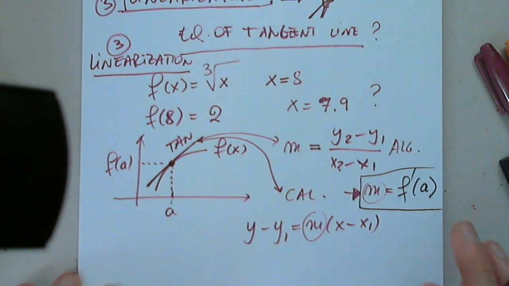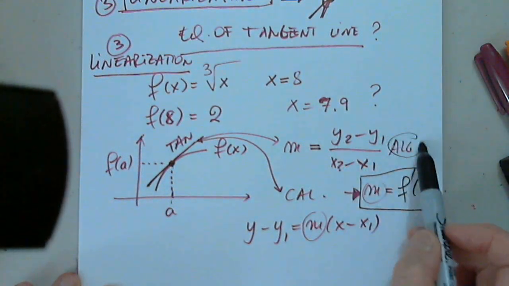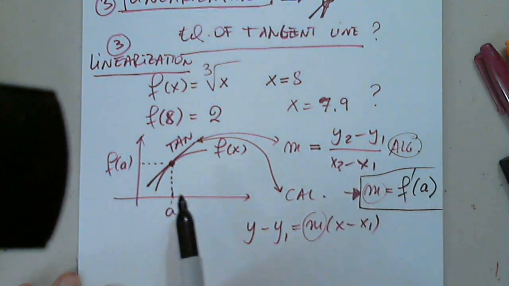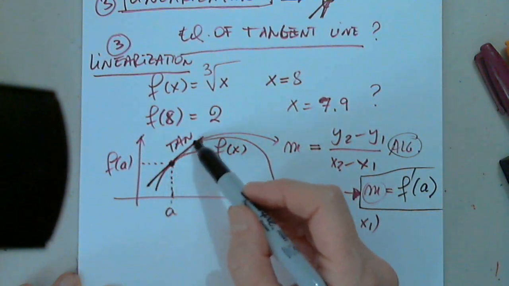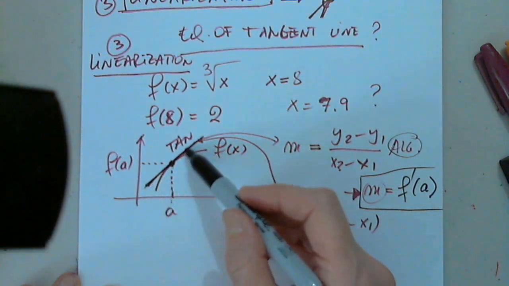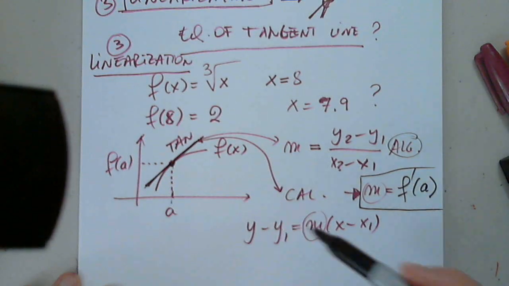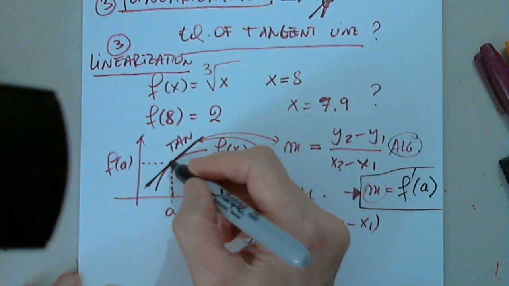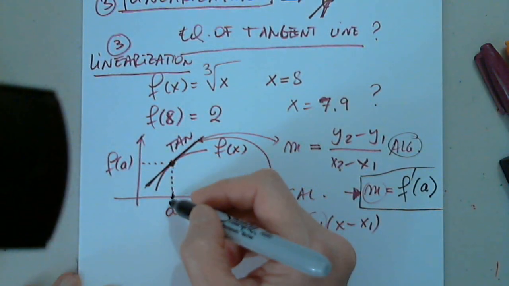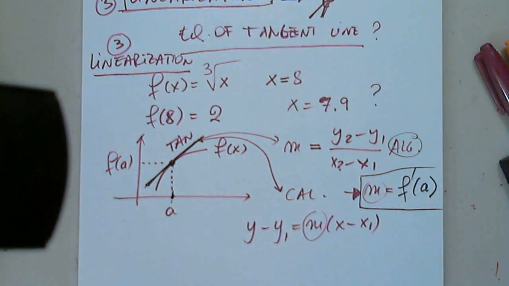Yeah. So please remember, this is why we know from algebra with 2 points. But from calculus, we learned that the slope of the tangent line is always the value of the derivative at this point when x is a. Okay, perfect.